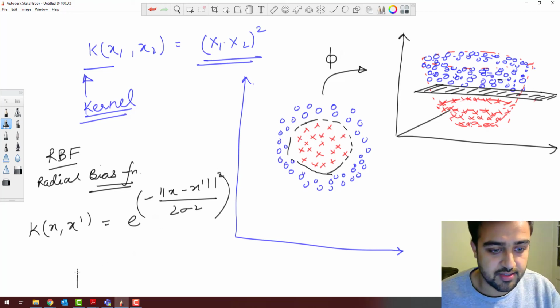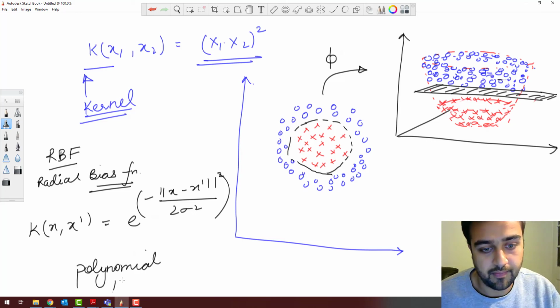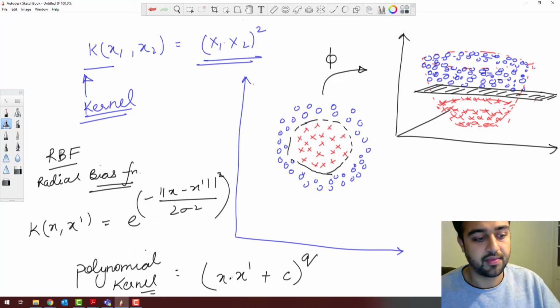And the one we discussed before was called the polynomial kernel, given by x dot x dash plus or minus c raised to the power q.